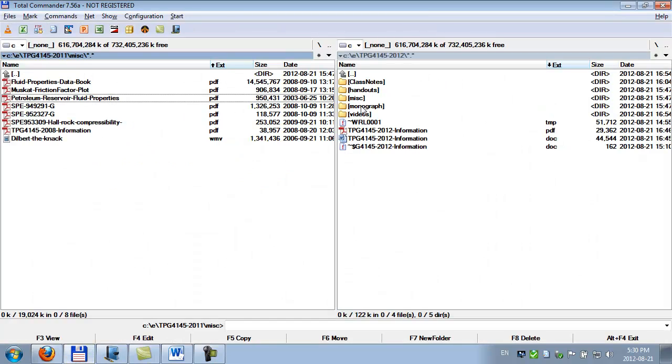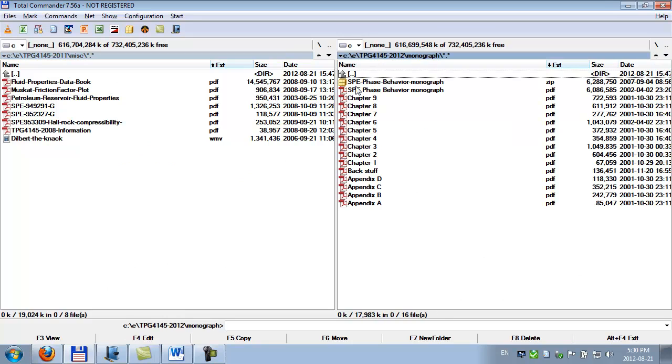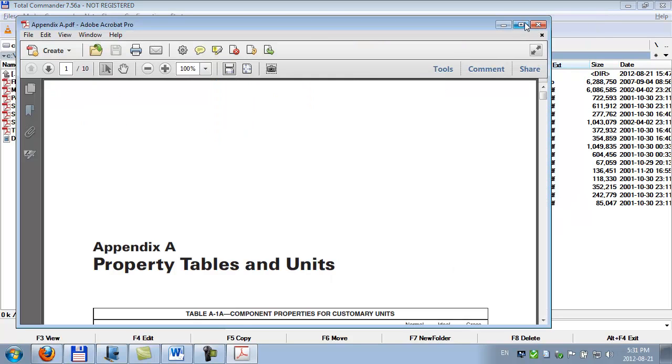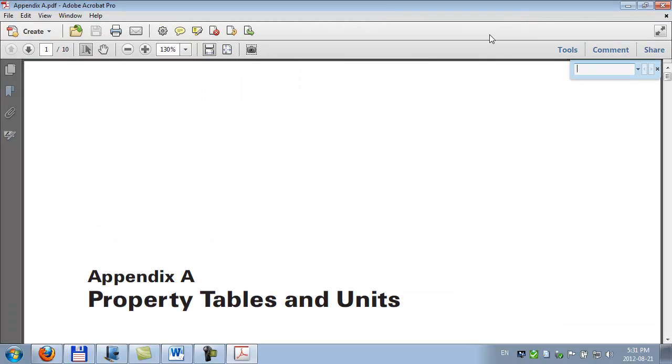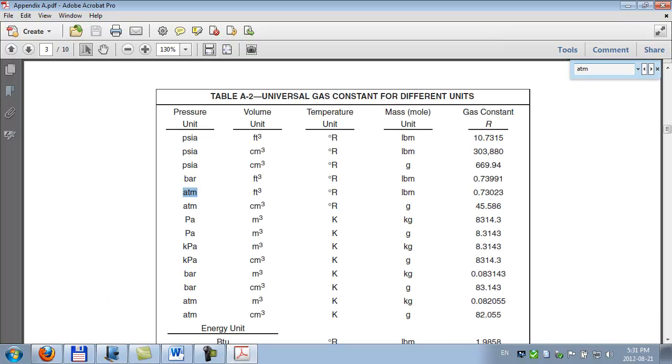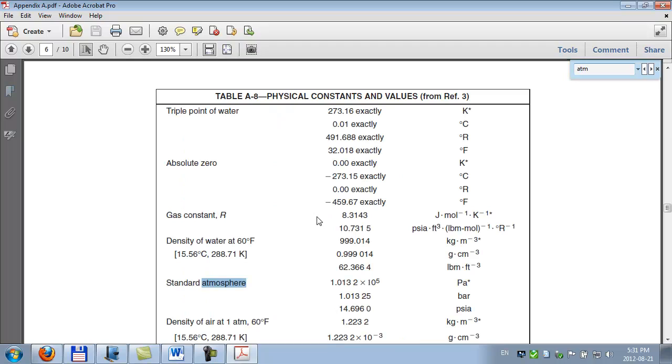So in this book that I put up on It's Learning, Appendix A, we'll search for ATM. There we go. 1.01325. Actually, I knew that.